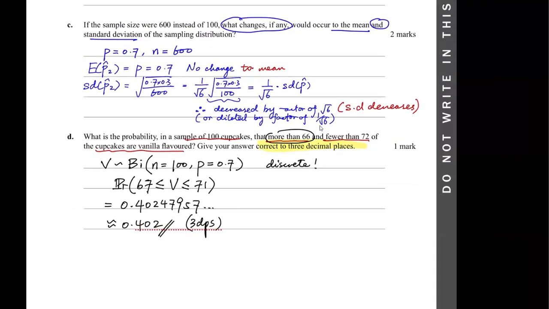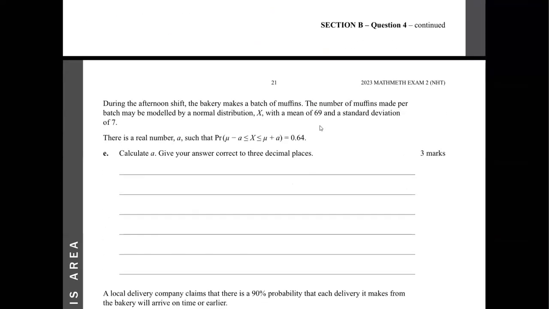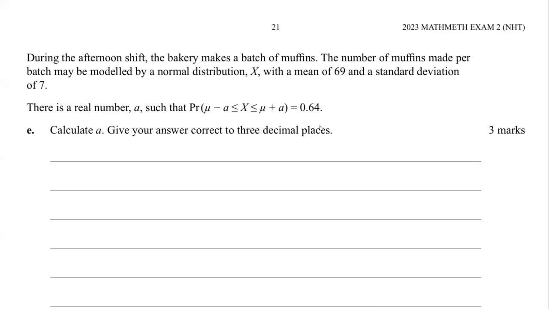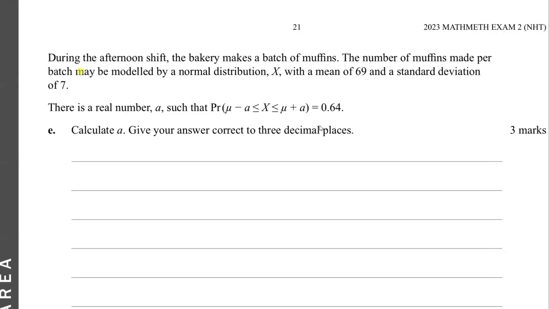Okay. During the afternoon shift, the bakery makes a batch of muffins. The number of muffins made per batch may be modeled by a normal distribution, X, with a mean of 69 and a standard deviation of 7. Oh, that's an interesting one. A number of muffins is actually a discrete random variable more appropriately, but now, okay, let's see.